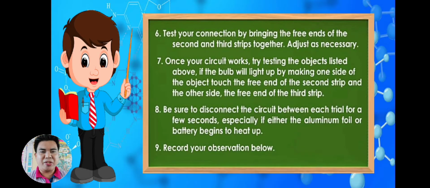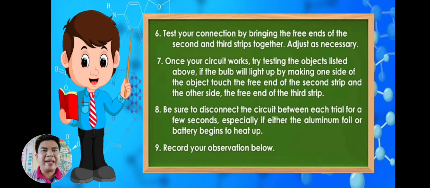Number 6, test your connection by bringing the free ends of the second and third strips together. Adjust as necessary. Number 7, once your circuit works, try testing the objects listed above.